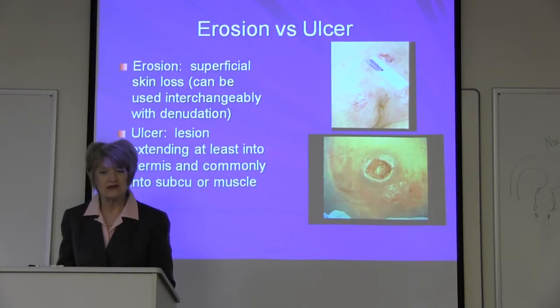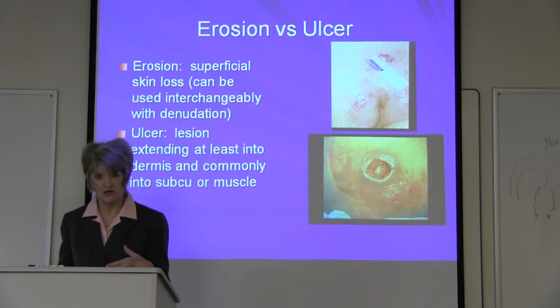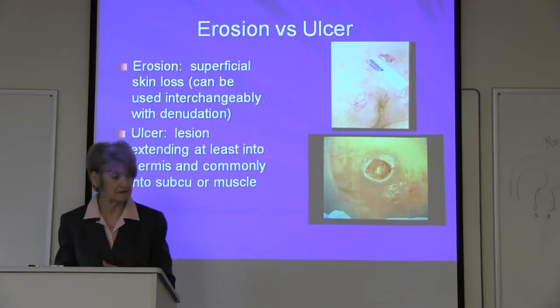Hypopigmentation we don't see as often, but when we talk about wounds that are healing by scar formation, we'll talk about the fact that when the scar forms and then it resurfaces on top, that covering skin can be either hyperpigmented and darker than the surrounding skin, or hypopigmented and lighter than the surrounding skin.